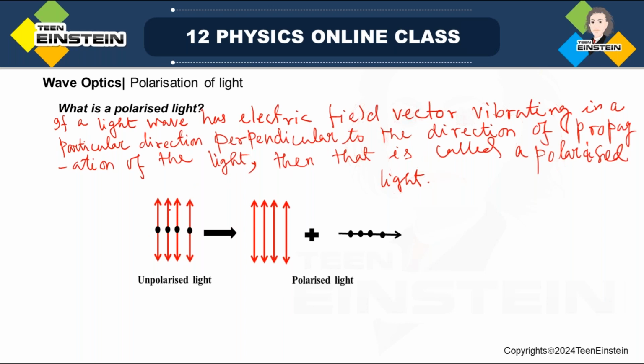You look here. Generally, polarized and unpolarized light can be represented by this kind of pictorial representation.